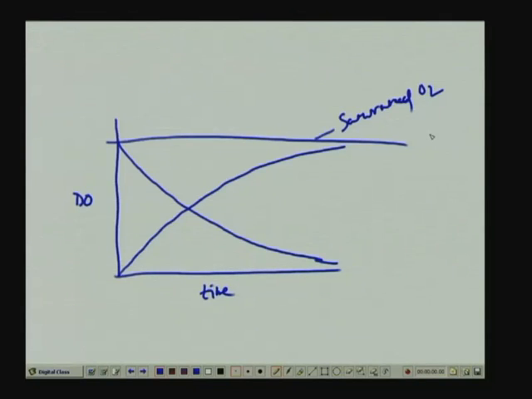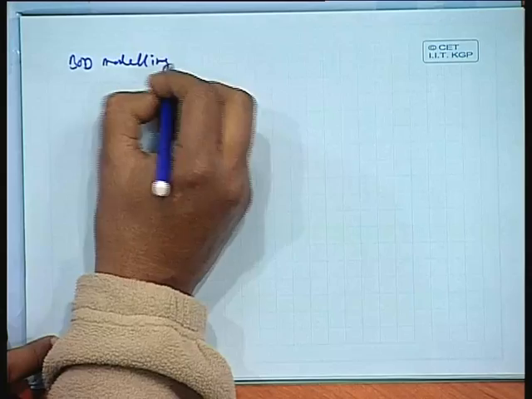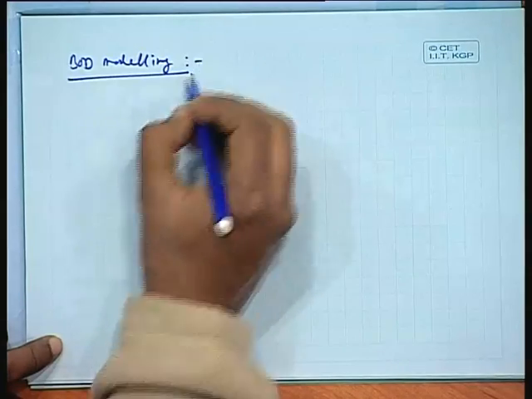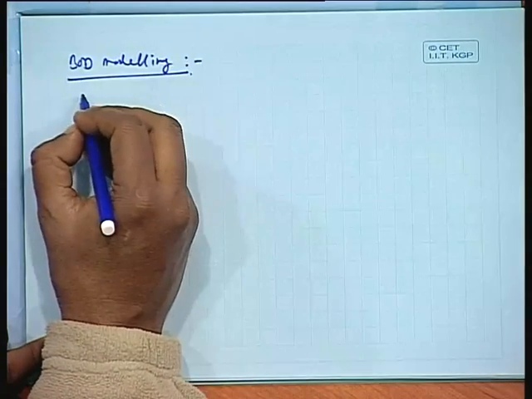So if we just take a breather from here, we will see that in the first case of BOD modeling, this is quite interesting to observe. This is BOD modeling, first order reaction rate modeling.